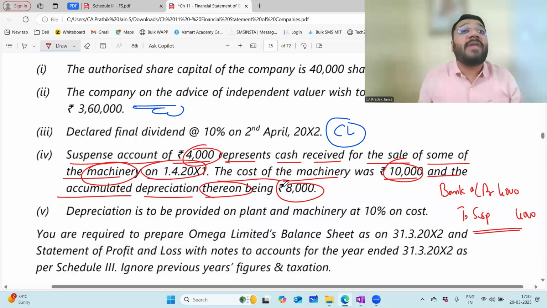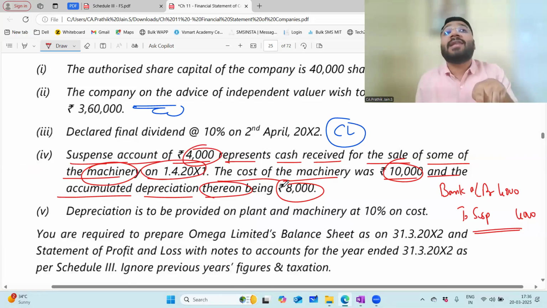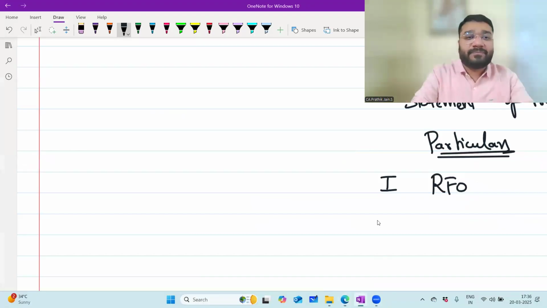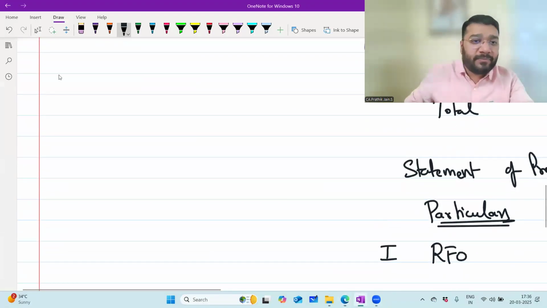So what is the unused value? 2,000. What is the WDV of the asset? 2,000. That 2,000 worth of asset, you sold it for 4,000 rupees, so you sold at a profit of 2,000 rupees. This is your profit on sale of asset. Other income is 2,000.